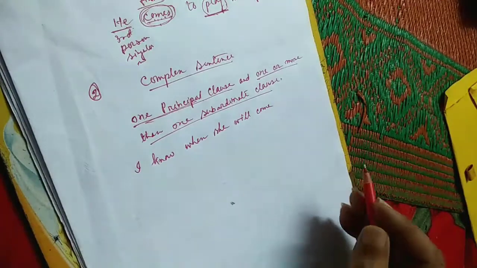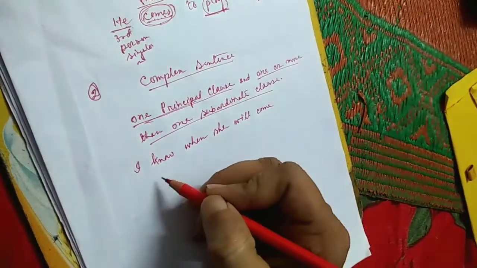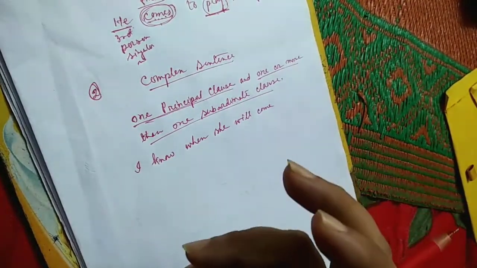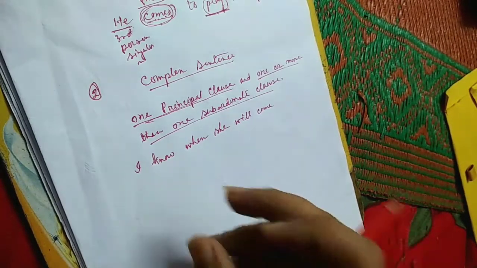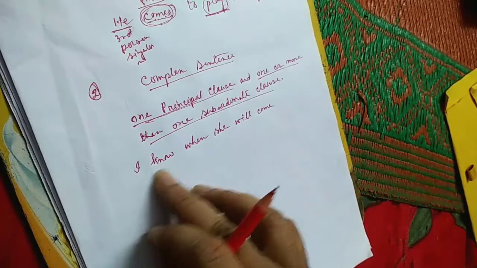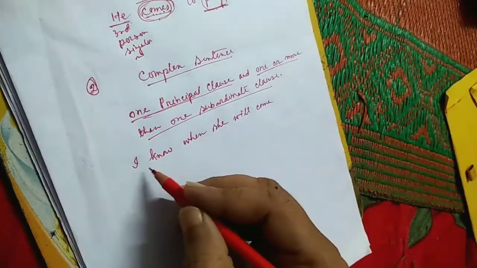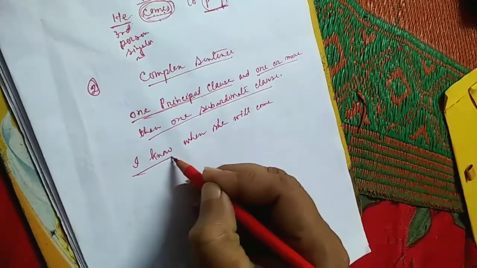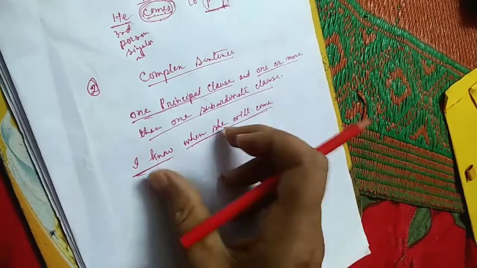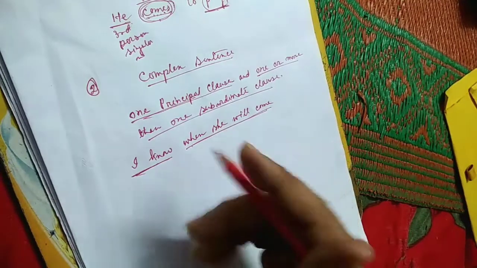Here a clause is a group of words, a part of a sentence. You can also take a clause as a part of a sentence. Here I know is a clause, and when she will come is also a clause. In this sentence there are two clauses.